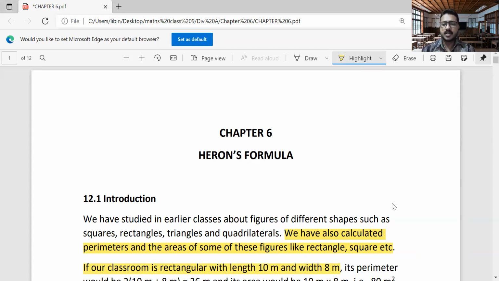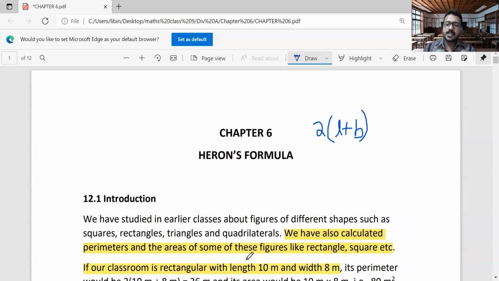We have learned that in our previous classes. It is 2 into (L plus B). Do you know what perimeter means? It means the length of the outer sides.